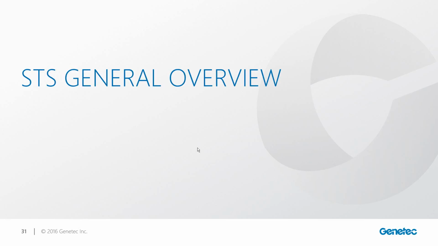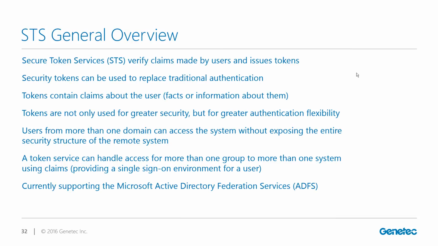Okay, the next thing I want to talk about, we're just going to do a general overview of this. It could possibly be a very large subject if we go into it in complete detail, but I want to give you at least an overview and understand what the new STS feature is in Security Center 5.4, and that's basically claims-based authentication.